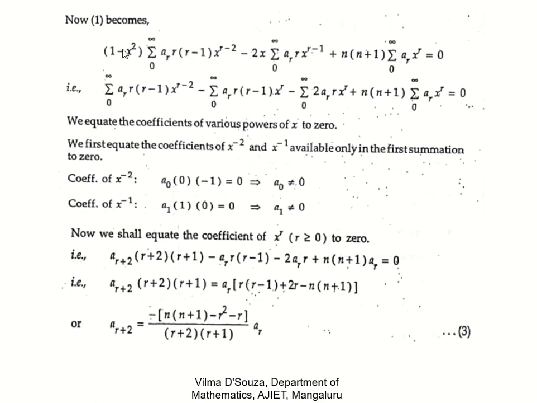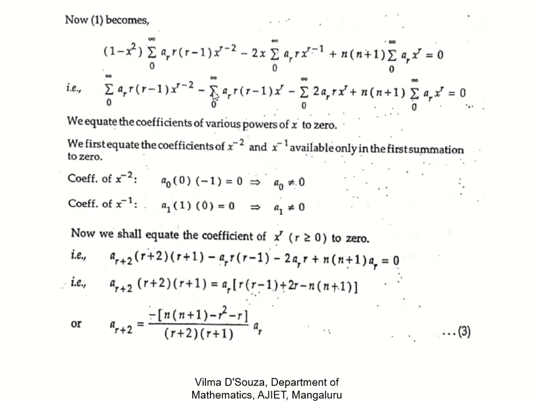Now here you have two terms in 1 minus x square: 1 into the summation, minus x square into the summation. Multiplying and simplifying, the first term stays as it is, and multiplying by x square makes it x power r. So summation a r r into r minus 1 x power r minus 2, minus summation a r r into r minus 1 x power r, minus summation 2 r a r x power r, plus n into n plus 1 summation a r x power r is equal to 0.